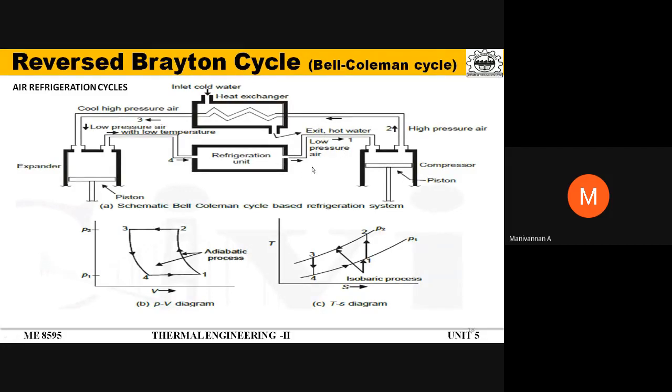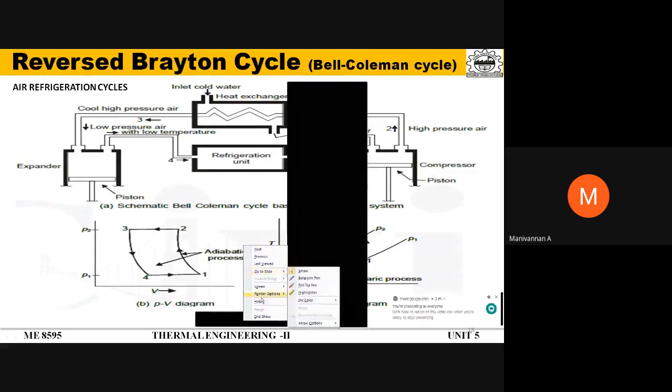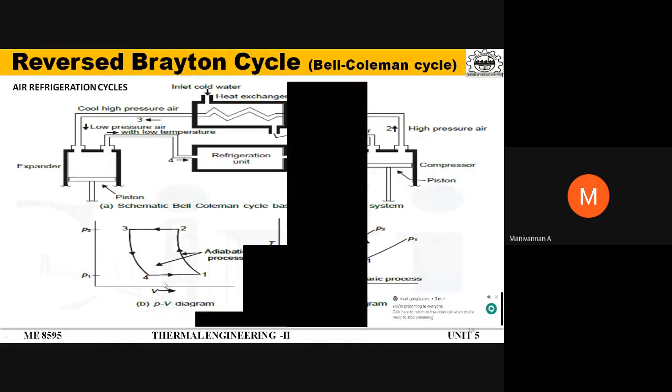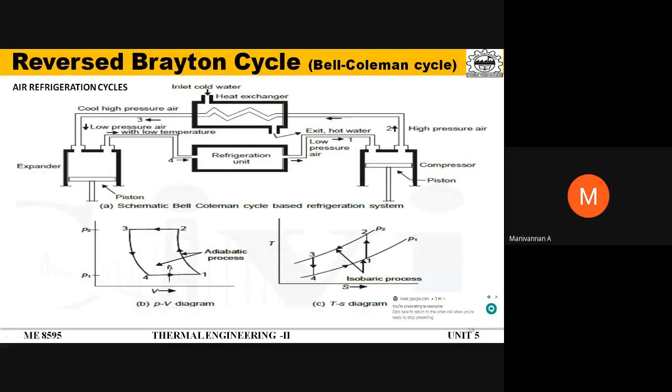Now the first process, from 4 to 1, is, sorry, not isothermal heat addition, but constant pressure heat addition in the refrigeration unit, or the evaporator unit. The pressure remains constant, and heat is absorbed from the refrigeration space, say QA.